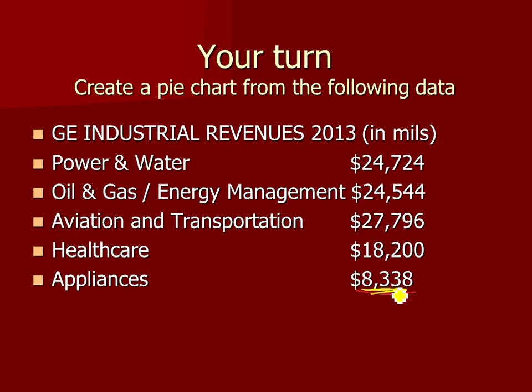Well, let's create a pie chart and a bar chart to see how much that really is compared to all of the revenues they produced in 2013. So what I would like everybody to do is, using their calculators, find the percents of the total each of these line items are.